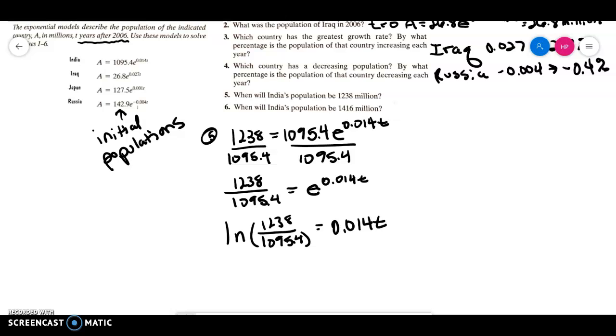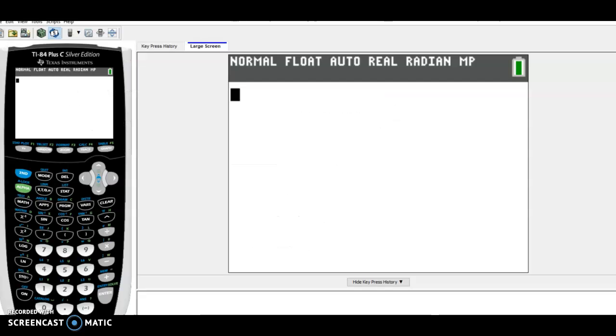This particular one does. Parentheses for the whole thing. So now I can divide both sides by 0.014. So t is going to be whatever that natural log quantity is divided by 0.014.